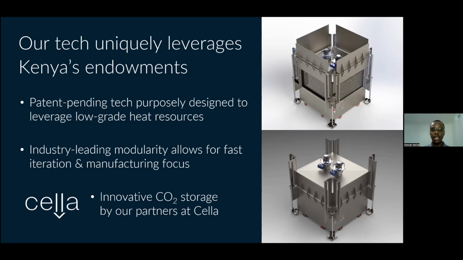We've designed our technology purposely to be highly modular, which allows us to iterate very quickly and mature the technology fast. It also allows us to leverage mass manufacturing to drive down the capex of the technology. We're also very fortunate to have an innovative storage partner in Kenya. The name is Seller Mineral Storage, an American company, but their first deployment is here in Kenya. Next slide, please.